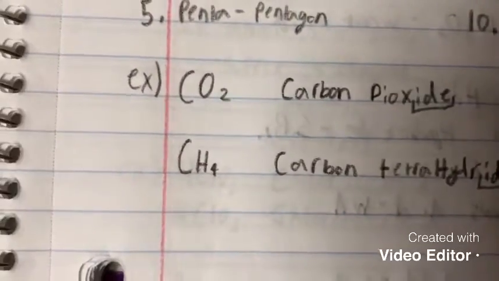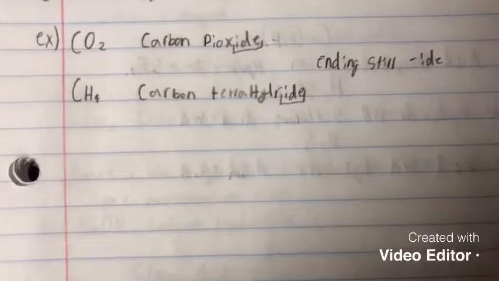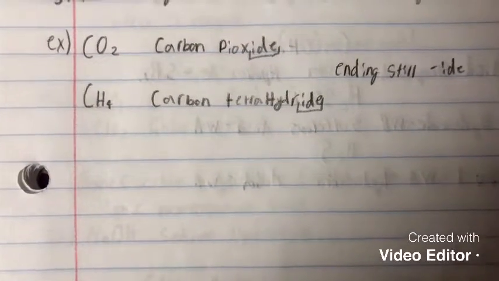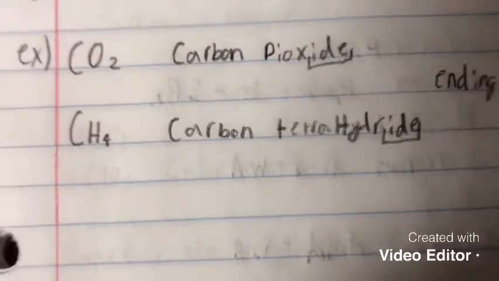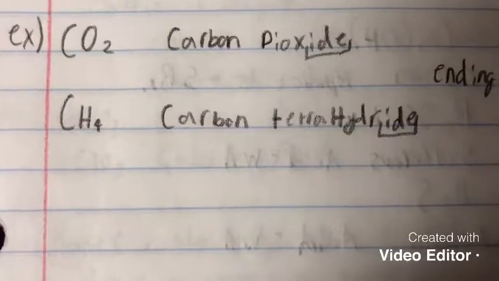So, for example, we have CO2 and CH4. CO2 on the periodic table, C is carbon and O is oxygen, and the prefix and the subscript 2 is right after it.